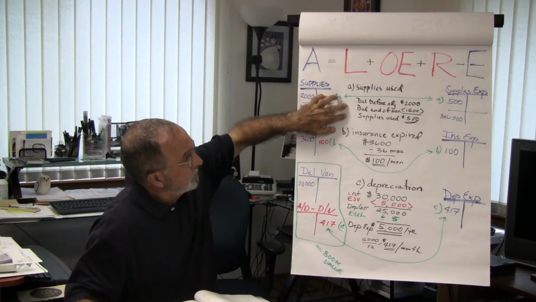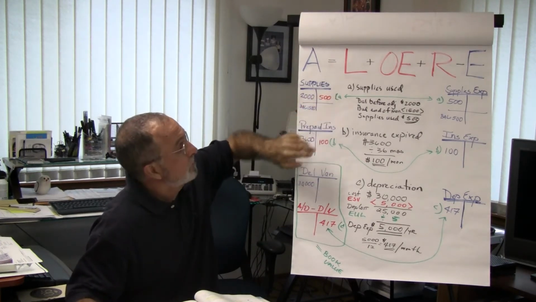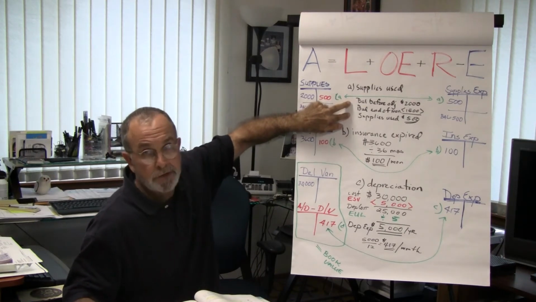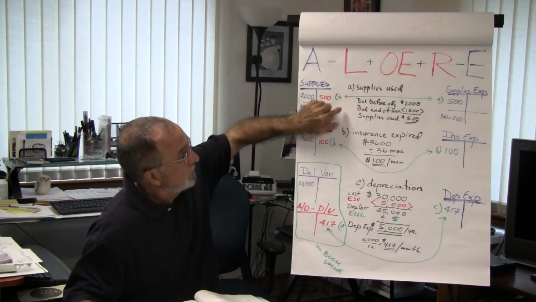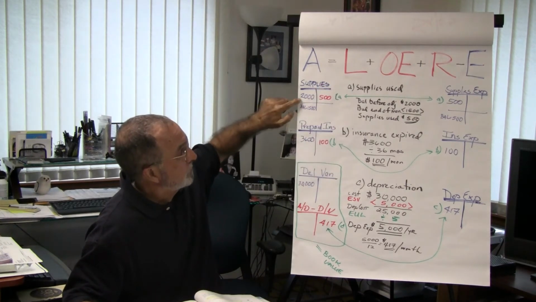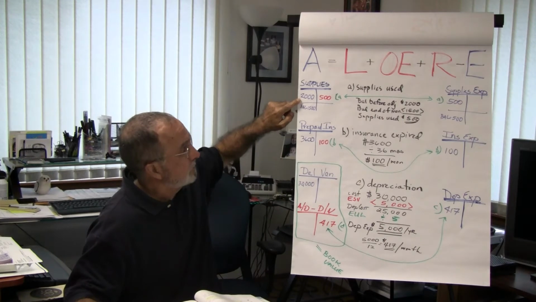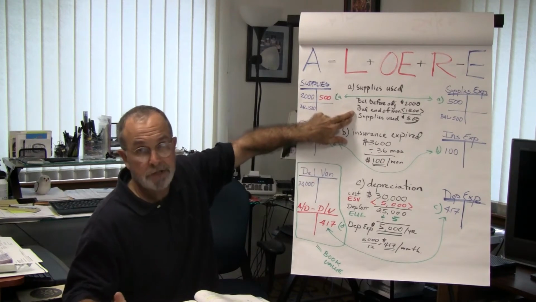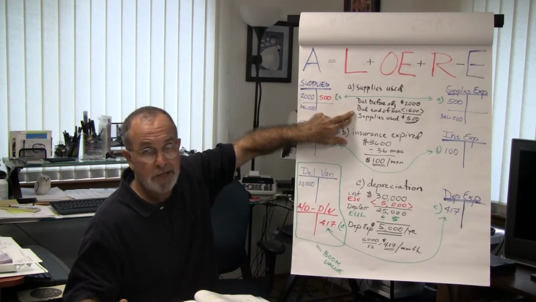Something I didn't mention on adjustment A for supplies used: it's probably a good idea to show the calculation of that adjustment. We start out with the balance before adjustment of $2,000 in the supplies account. And then at the end of the period, in this case at the end of the first month, we need to do a physical inventory of those supplies on hand.